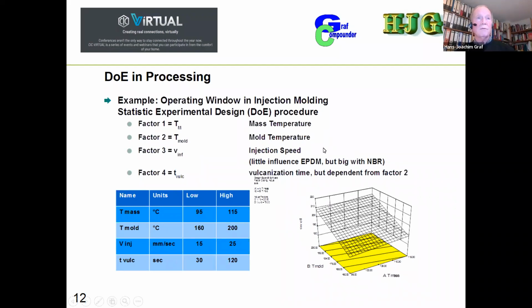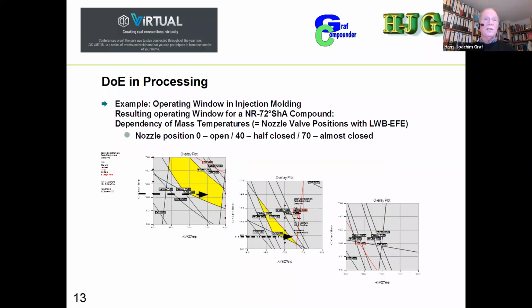Then you have all the influences of the process on your properties, and you can easily design your process that way. For example, the objective is always to find the shortest possible cycle time. You see here one example, also made on a large scale machine, in this case an LWB Steinel machine, where the nozzle opening represents somehow the mass temperature.